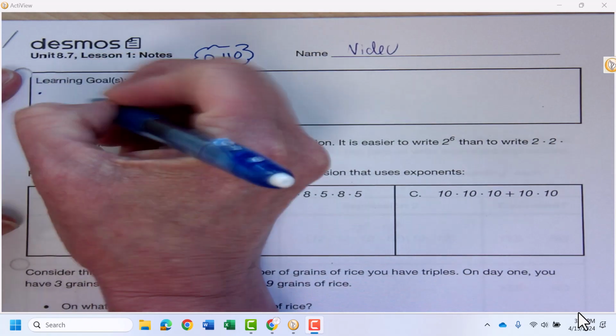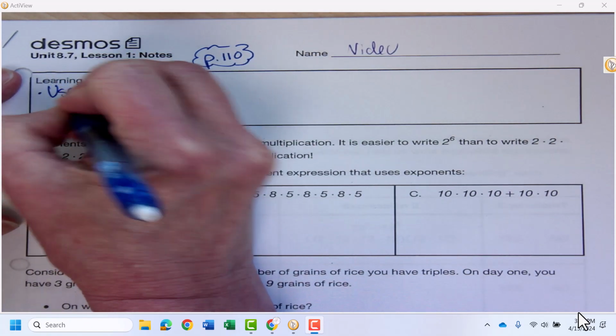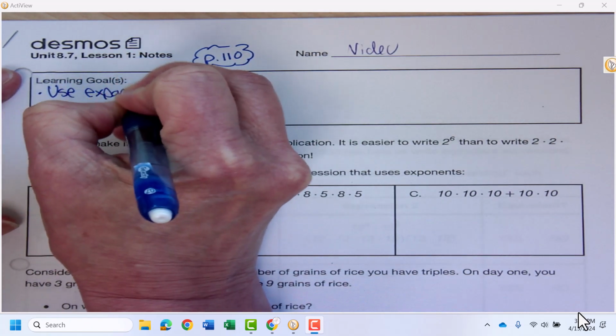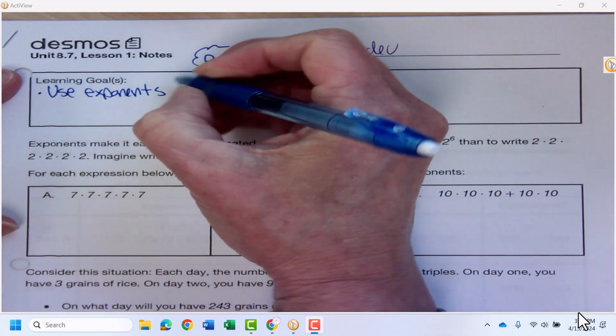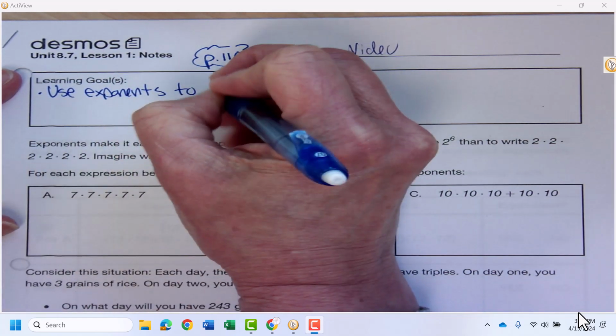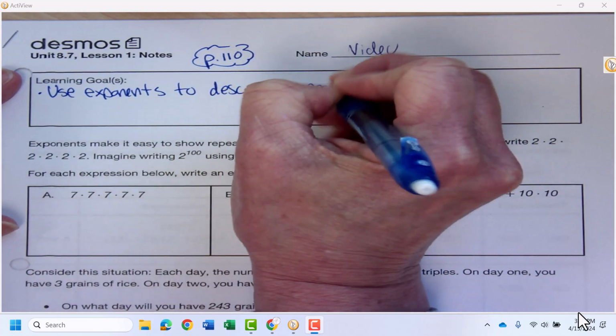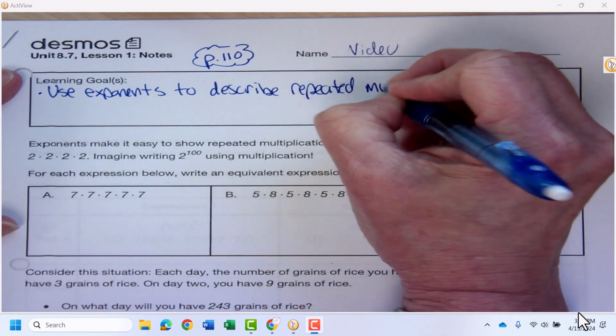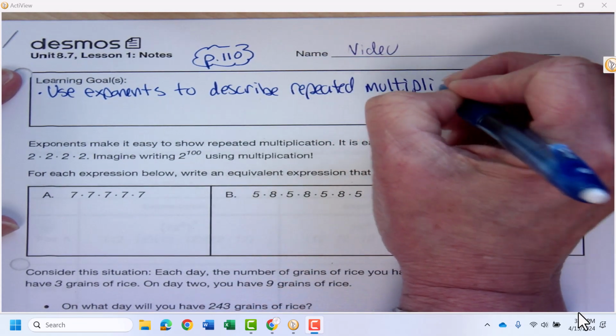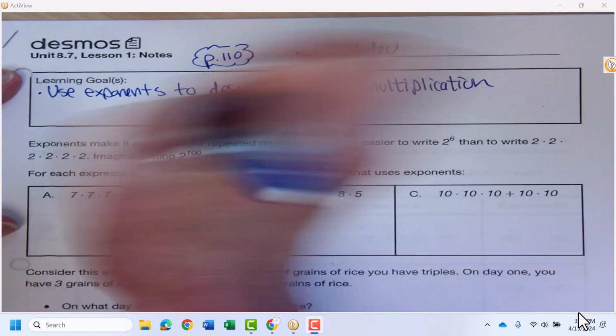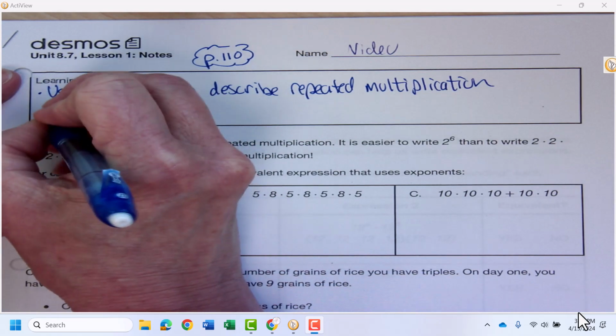One of them is to use exponents to describe repeated multiplication. And also to explain the meaning of an expression with an exponent.